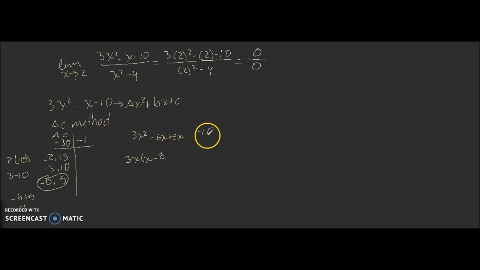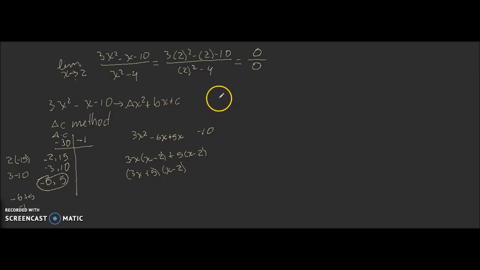Now, with this pair, I can take out 5 as a common factor. So, take out 5, and I'm left with x minus 2. Notice that the parentheses expression is the same in the two, which is exactly what I want, because now you can take the whole parentheses as a common factor. So now you have 3x plus 5 times x minus 2, and this is my factorization of this expression.